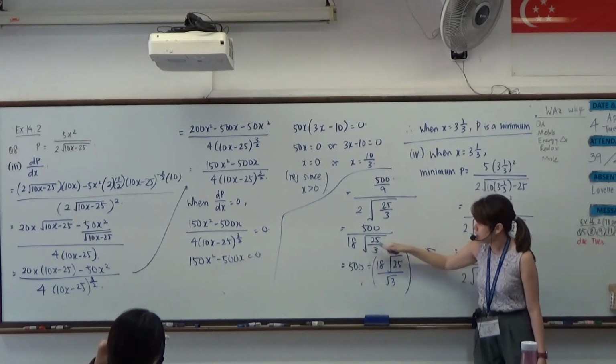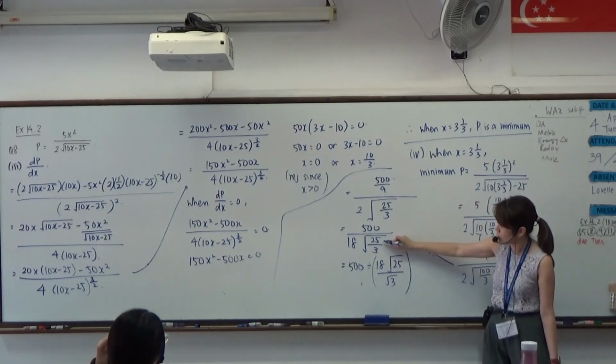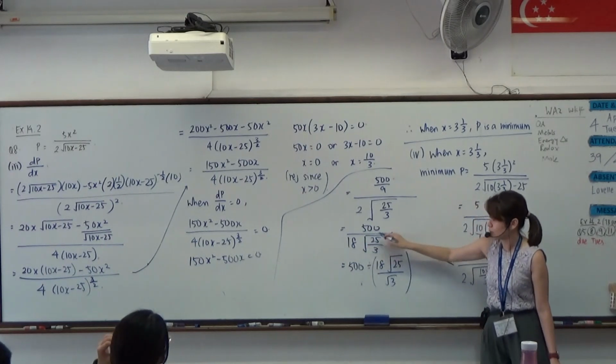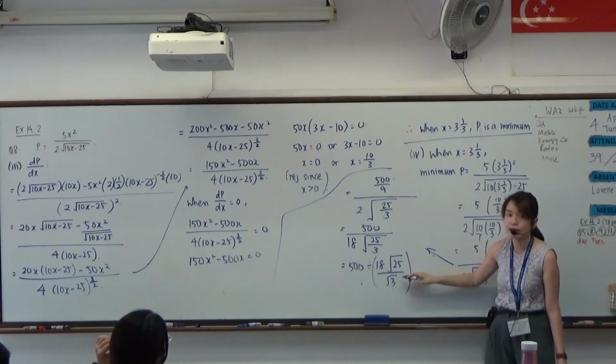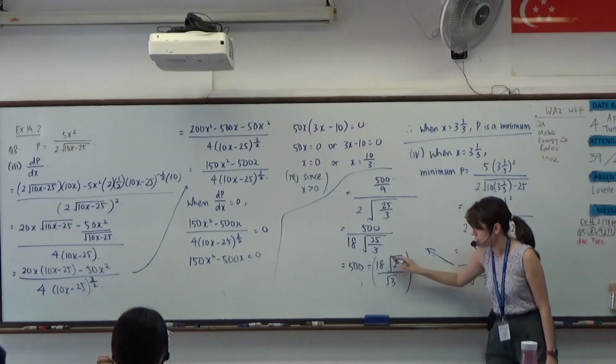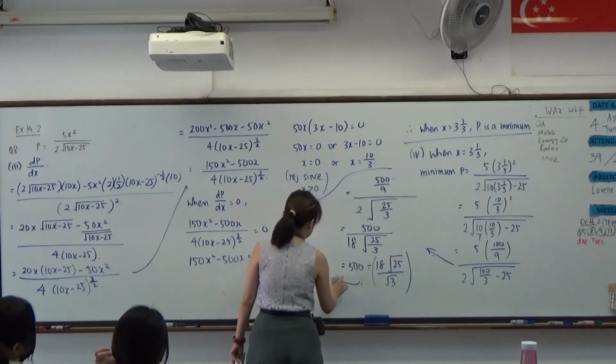Because in this square root 25 over 3, I can break it out into square root 25 over square root 3. Then 18 times square root 25, the entire thing divided by square root 3. So this part is the same as this. Square root 25, we know that is equal to 5.